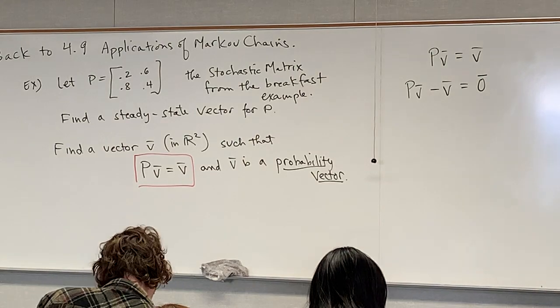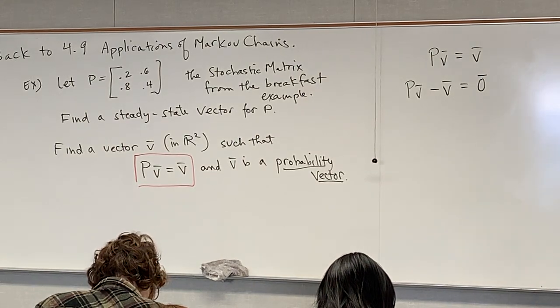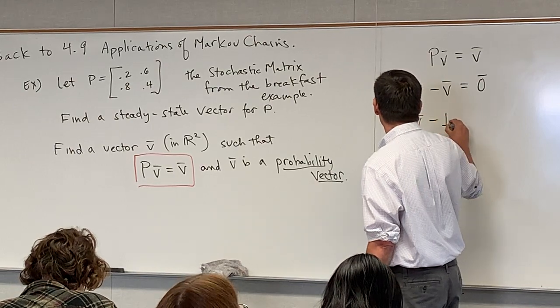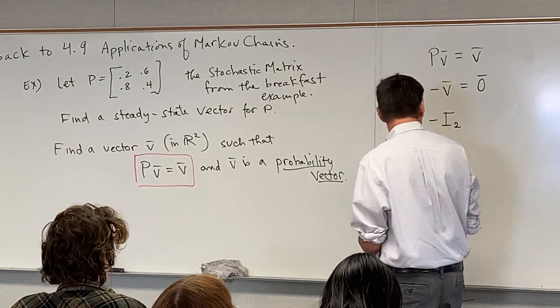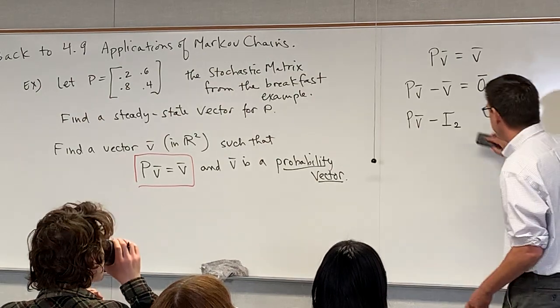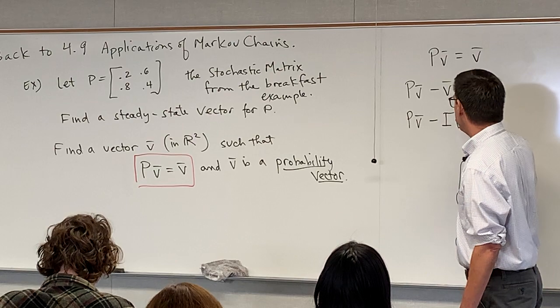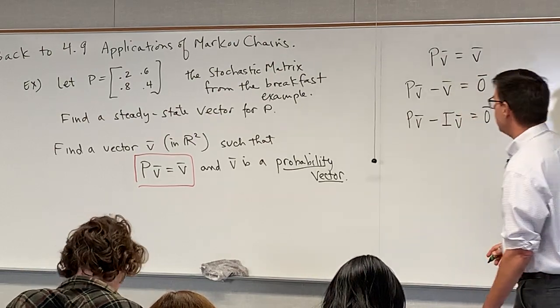And we want to be able to factor out a V, but to factor out a V, we need a matrix times V, and we can write it as I2 times V. I'm just going to write I times V, even though it's understood it's a 2 by 2 identity matrix.